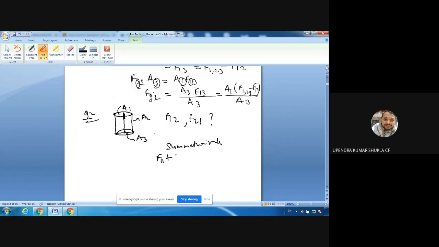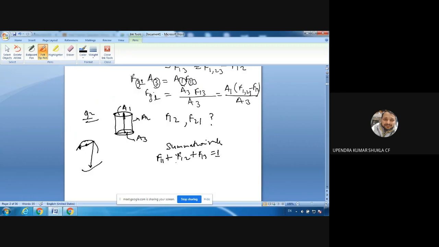Suppose some surface is concave, then the radiation emitted will strike itself also, and it may strike other surfaces as well. Wherever it strikes, we take all fractions, and the sum is 1. If this is a plane surface, then F11 would be 0.